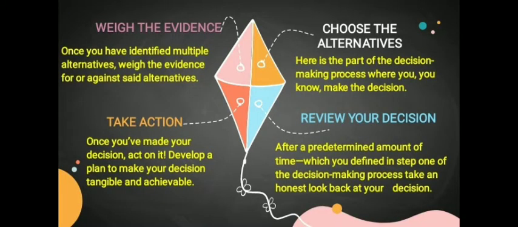So next is to weigh the evidence. Once you have identified multiple alternatives, weigh the evidence for or against said alternatives. This is to take all the different solutions you've come up with and analyze how each would address your initial problem. Using the information that you've gathered and the alternatives you've identified, you should weigh your options.